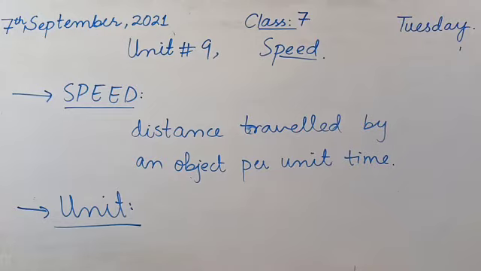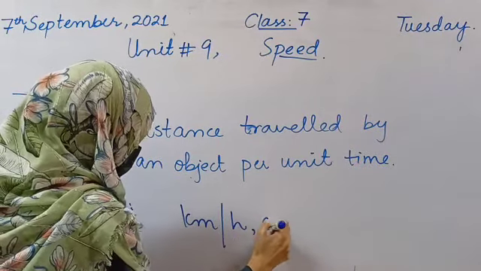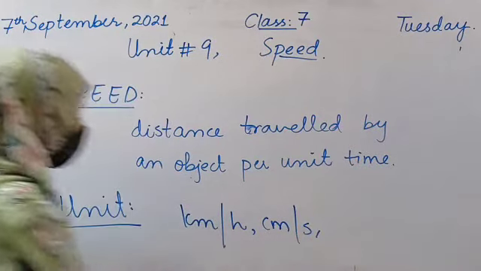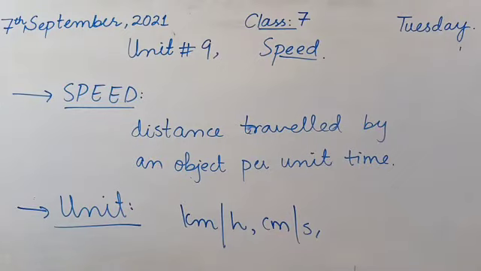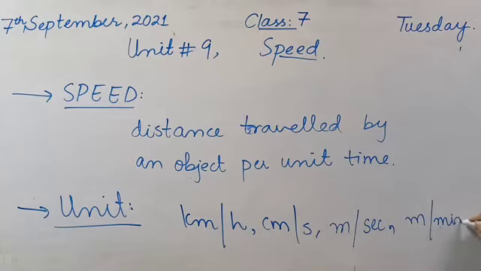So the units of speed are kilometer per hour, centimeter per second, meter per second, meter per minute, etc. Kilometer per hour: how many kilometers of distance are travelled by an object in 1 hour, in 2 hours, in 3 hours.